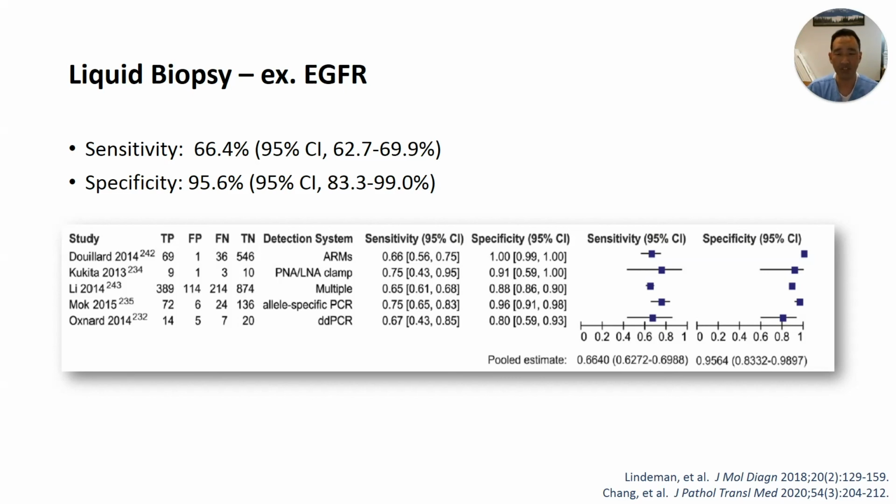And the specificity was around 95%, significantly higher. So what this tells us is that if you identify with a liquid biopsy that the patient has a specific biomarker, it becomes actionable. It is a high specificity test. You can now use that information. However, if you don't find it, it doesn't mean that it doesn't exist. It may be that your sensitivity is not high enough and you have a false negative.